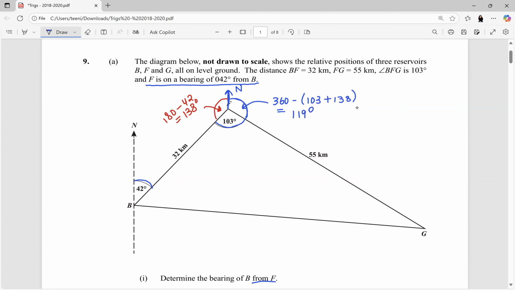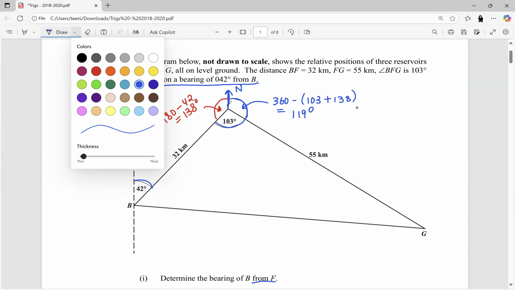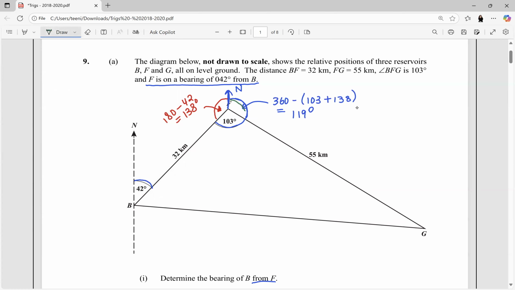And the bearing of B from F is this whole angle on the outside. Let me use a different color. This entire angle here is made up of this 119 degrees plus this 103 degrees.